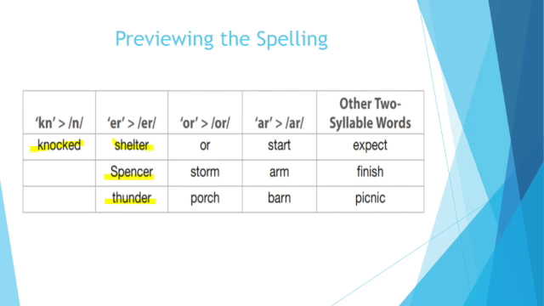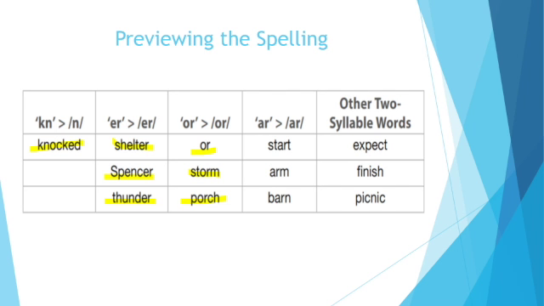You're going to see words that have the OR. Remember what OR says? Good. OR says or. You're going to see the words or, storm, and porch in your story. We're also going to see words that have the AR. What does AR say? Good.